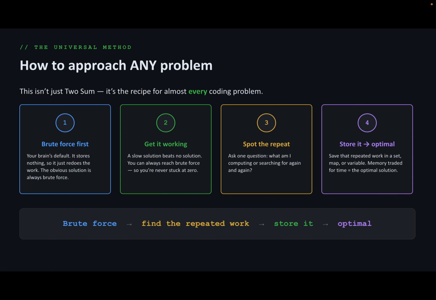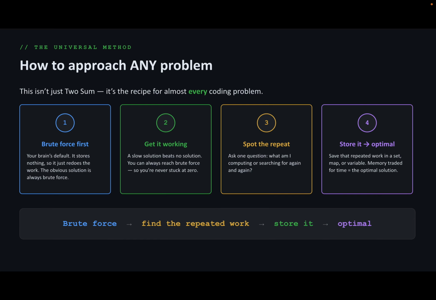So how do you approach any problem and get the optimal approach? The slide I actually care about is this. Here's the thing about your brain: it always hands you the brute force first, because your brain doesn't want to store anything, so it just redoes the work over and over. Which is honestly great news, because it means you can always get a solution right away.